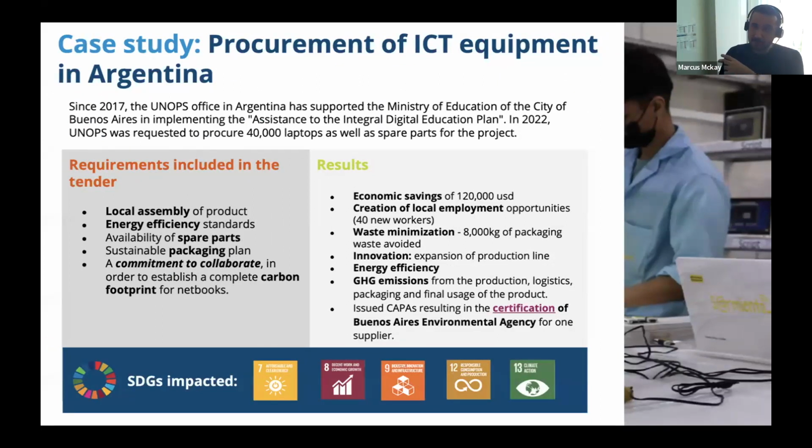They're not even able to understand how to provide data to you on their own emissions. So one thing we're trying to do now is work with lower capacity suppliers on understanding how they can collaborate with us and understand the importance of doing their disclosure, how they can identify it, and what type of corrective actions they can take going forward. Next slide, please.